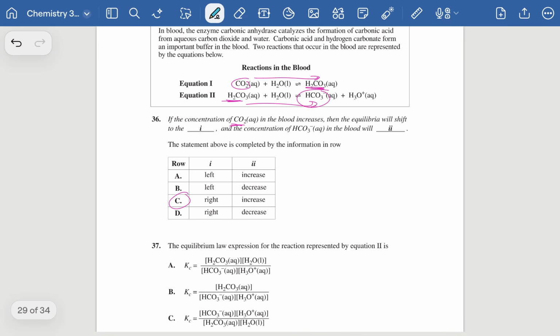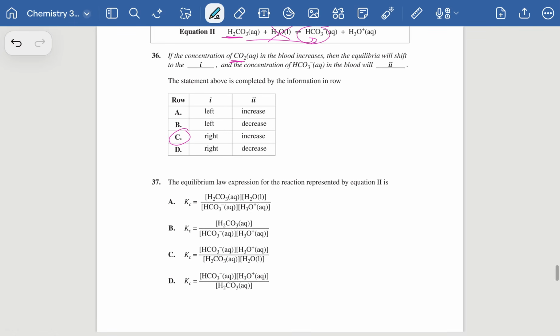So that answer was C. And then to write the equilibrium law expression, again, we know it's products over reactants to exponents if we have them, but we also want to remember you don't include pure liquids unless everything is a liquid. So that answer goes down to D.